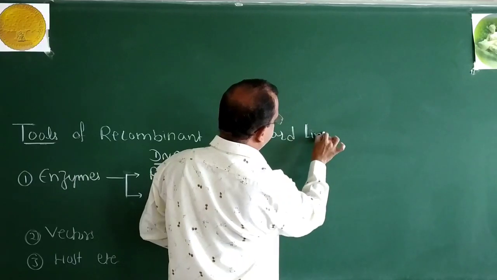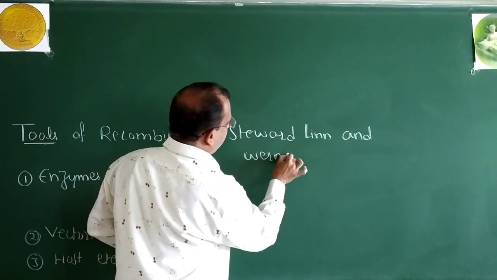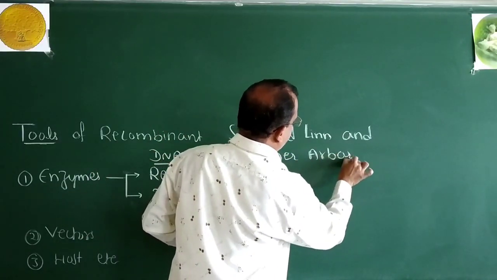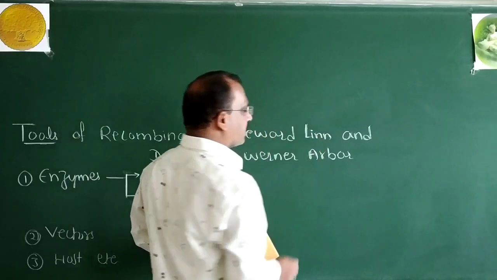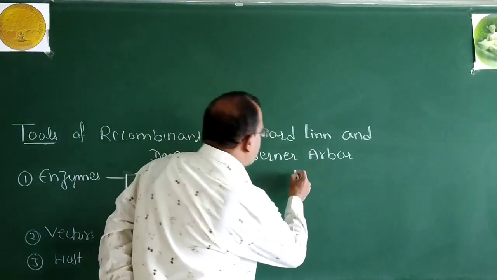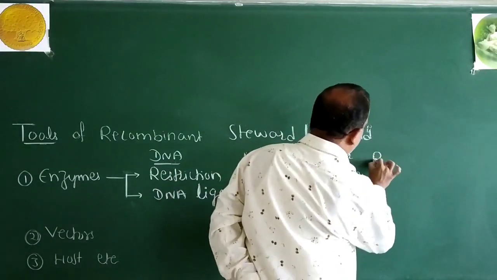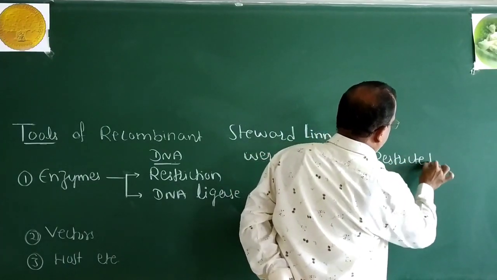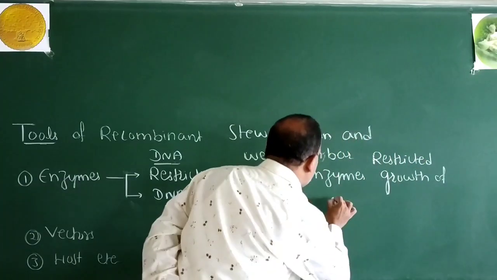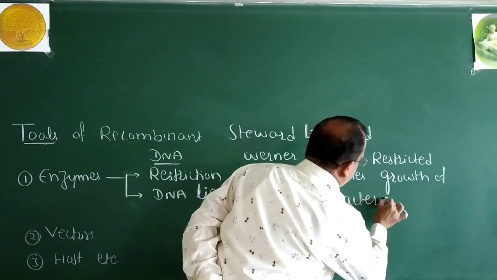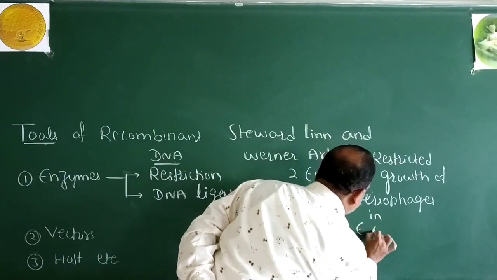Stewart Linn and Werner Arber isolated two enzymes which restricted the growth of bacteriophages in E. coli bacterium.